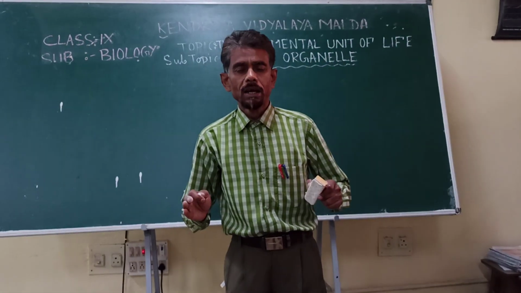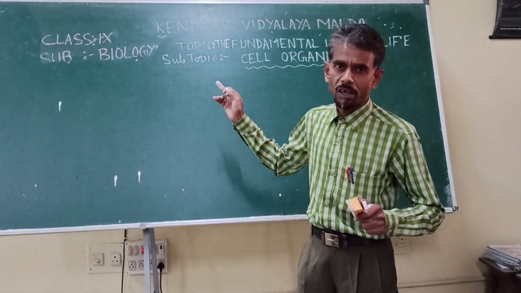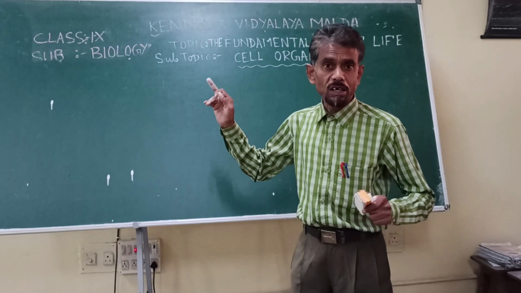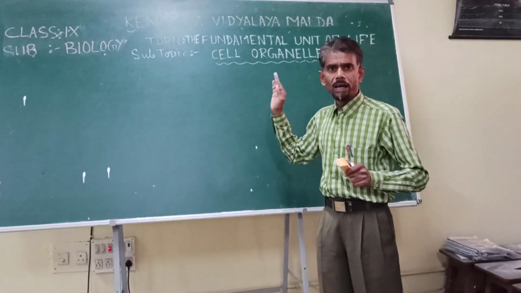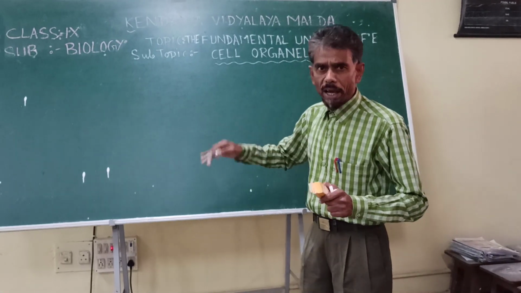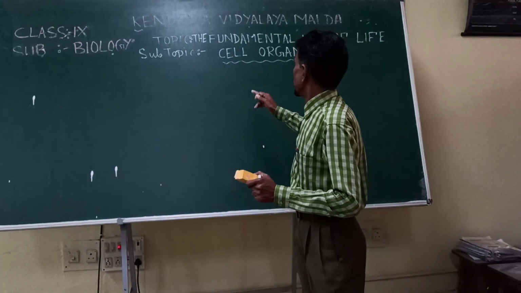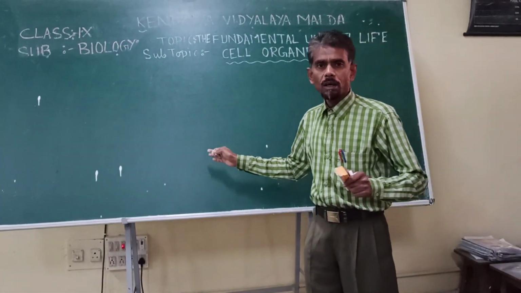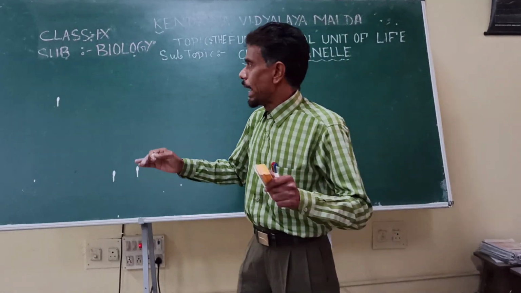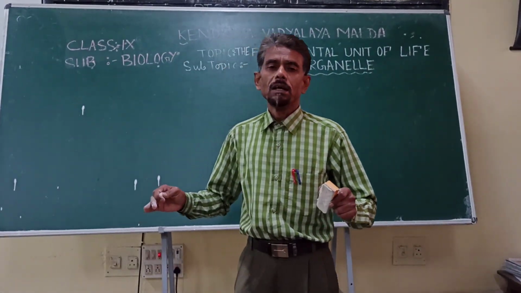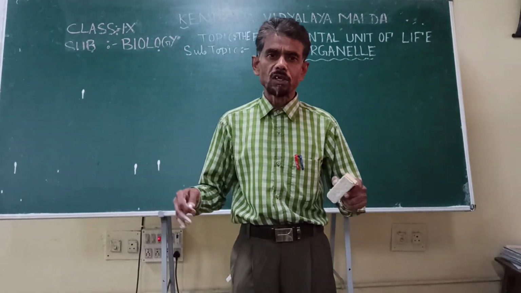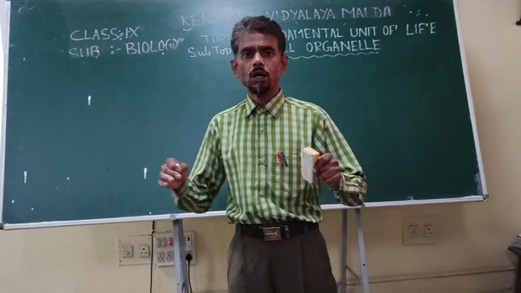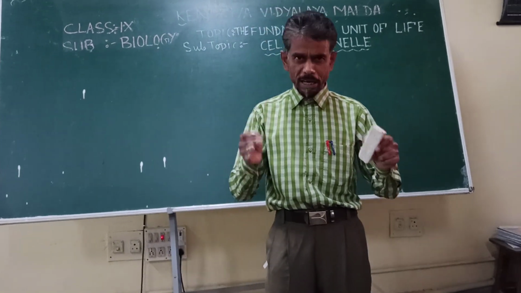So today, in continuation with the previous lesson, the topic we were discussing, that is the fundamental unit of life, and in that topic today I have taken up the cell organelles as a subtopic. In that subtopic, we have discussed so many organelles like plastid, mitochondria, Golgi body, endoplasmic reticulum.